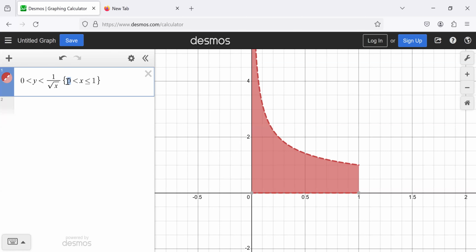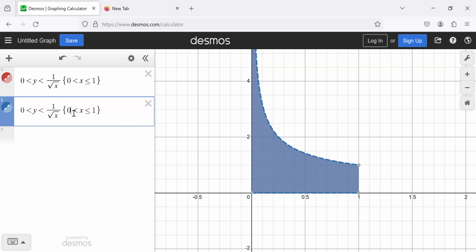So this 0 is the problem. Because 1 divided by the square root of x would give you an error. But you can have a small value here. I mean, you could have a 0.1. And this is not quite the area we're looking for, but it's got a lot in common with the area we're looking for.